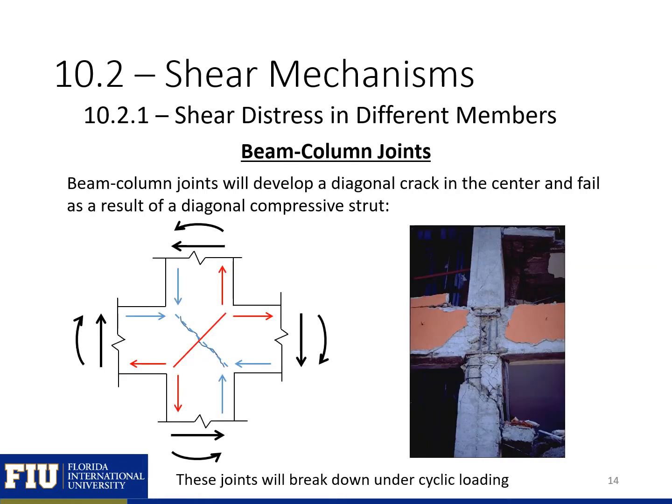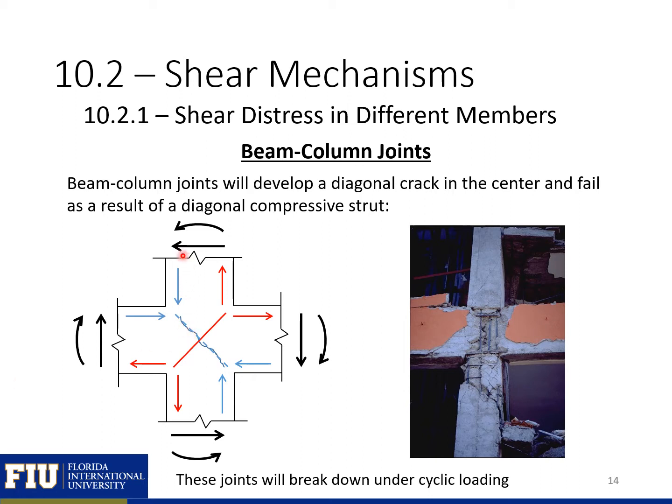We can also have a different type of shear mechanism in the joint between beams and columns, or beam-column joints. Our beam-column joints are going to develop a diagonal crack in the center, and they're going to fail eventually as a result of diagonal compression of the strut.